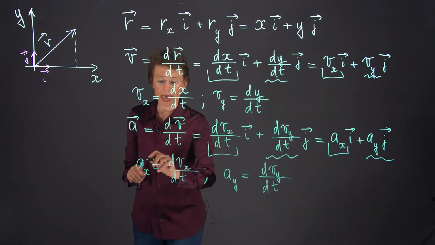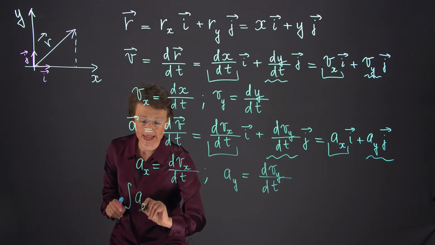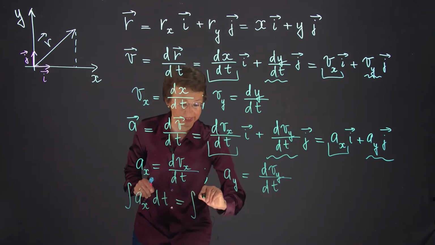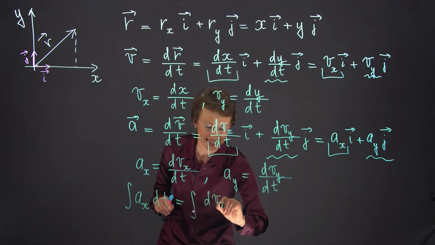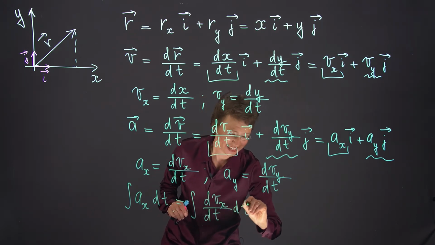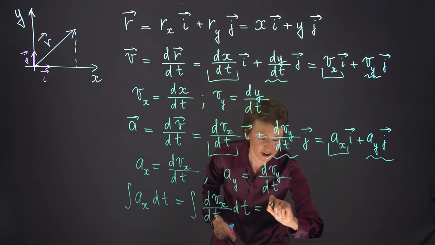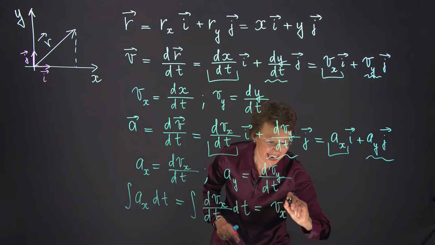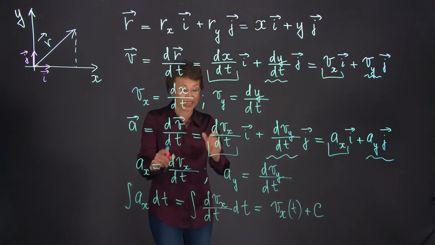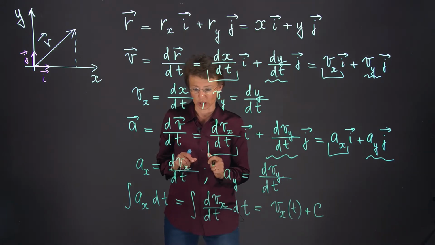So I have a_x = dv_x/dt, integral of a_x dt is equal to integral of dv_x/dt dt. Okay? So the antiderivative gives me my function back. It is v_x of t plus a constant of integration. That's the indefinite integral. This constant I will find from the initial conditions.